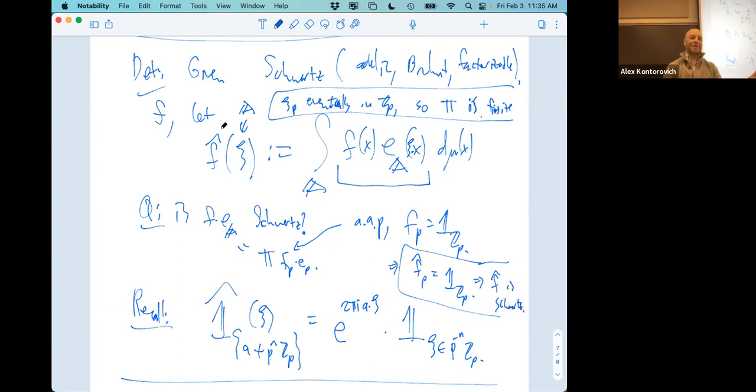At the real place, it's the standard theory of Fourier transforms of real Schwartz functions. You just differentiate by parts, integrate by parts, and at the finite places, eventually you get the indicator function of ZP, which is exactly what you do. Okay.